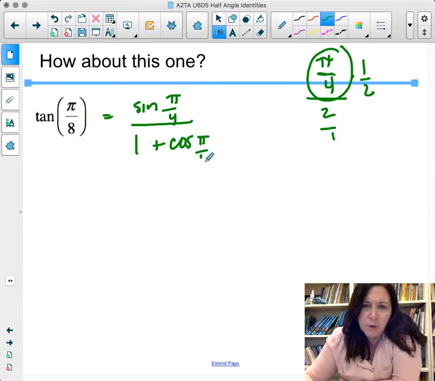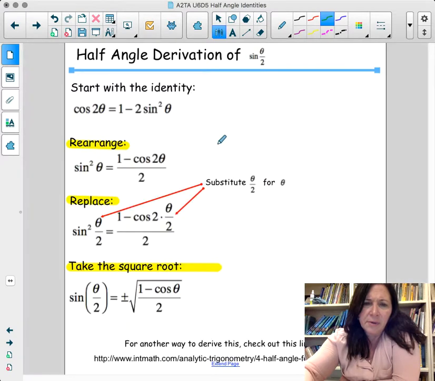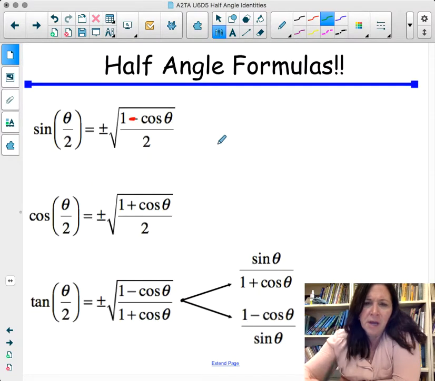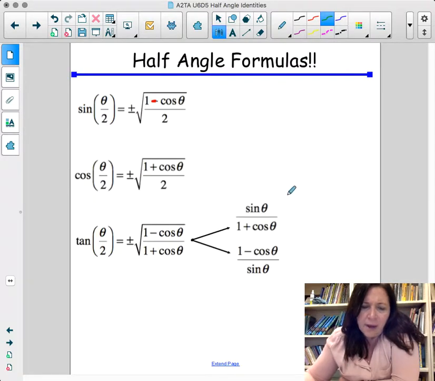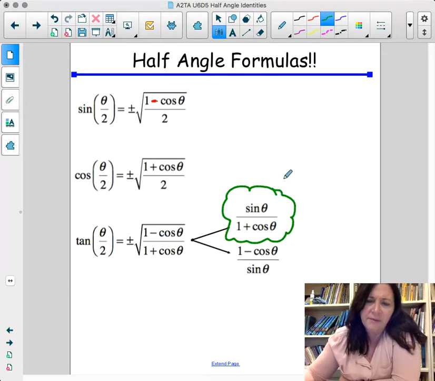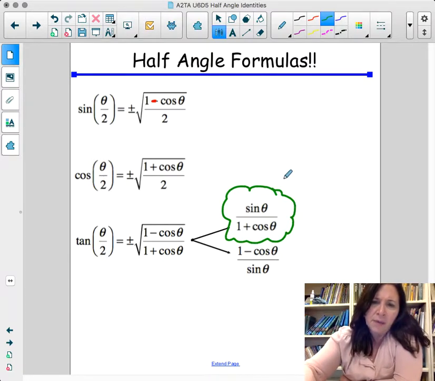This comes from, let me go back to the top. Right there. So this one comes from this right here, where I have sine of theta over 1 plus cosine of theta. And so I'm going to use that formula. You can use any of the formulas you want.